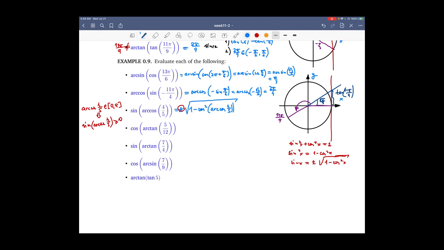And the rest is a technicality, because now we write that this is 1 minus cosine of arc cosine of 4/5 squared, and that is 1 minus, since cosine of arc cosine of 4/5 is of course 4/5.